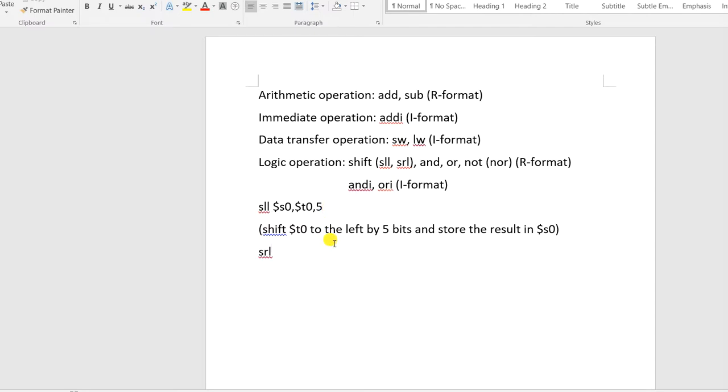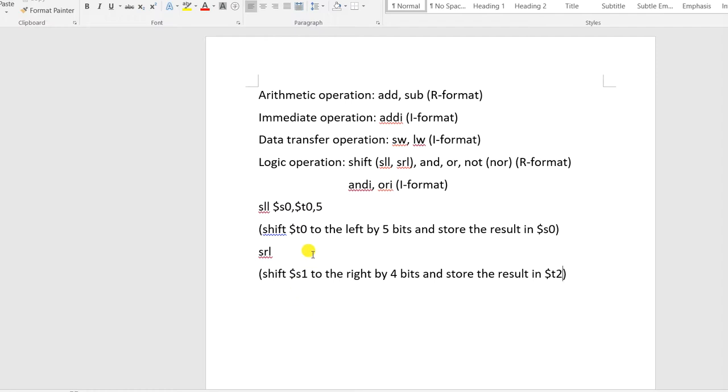Okay, similarly, I want you to do a little example. Shift the content in S1 to the right by 4 bits and store the results in T2.